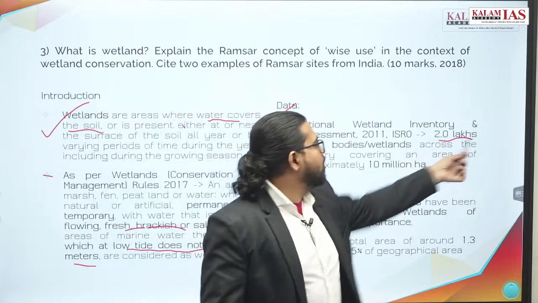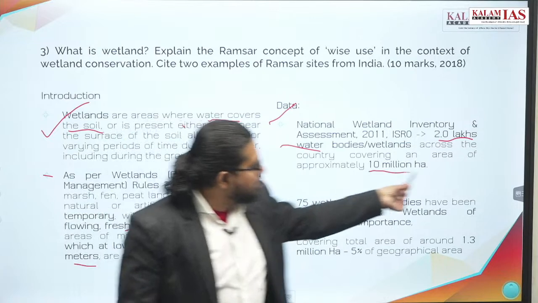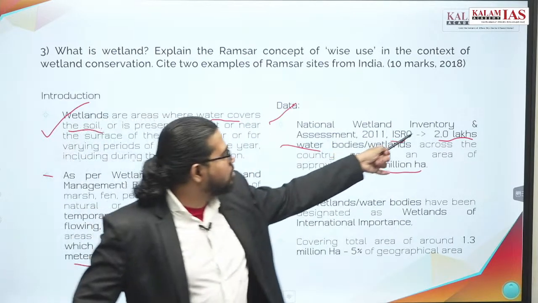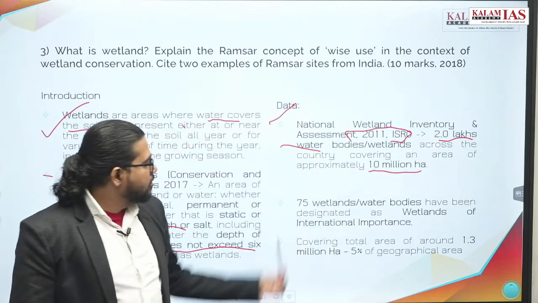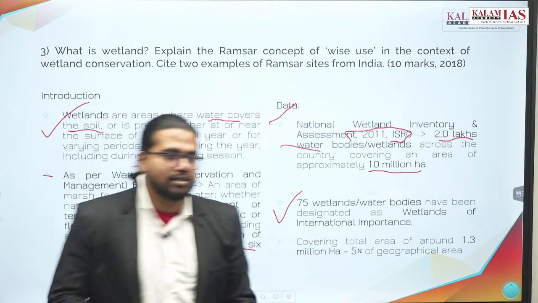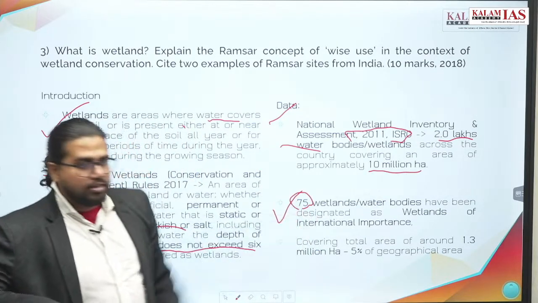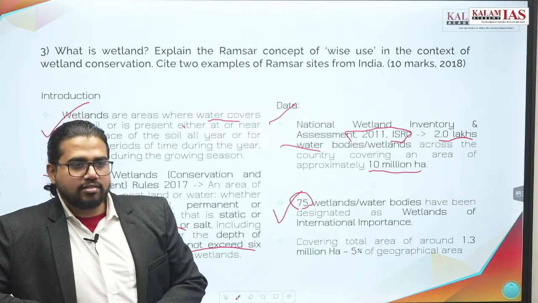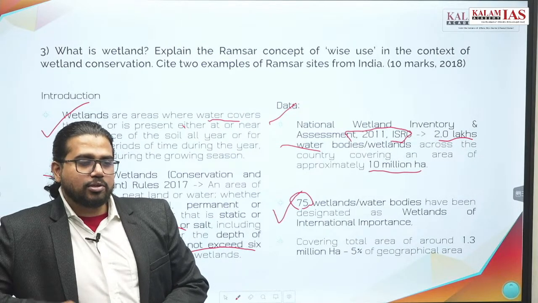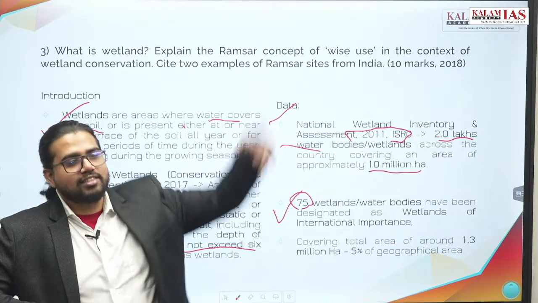What else? Some data is there. India is having more than 2 lakh water bodies or wetlands across the country. More than 10 million hectare we have as water bodies. This is some ISRO survey done in 2011. Wetlands of international importance, that is under Ramsar Convention. We have how much? 75. Why 75? Yeah, it is increasing every year.